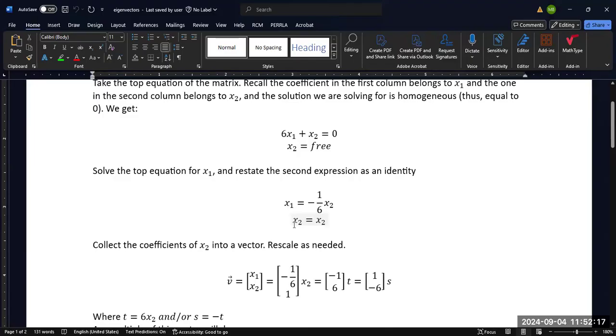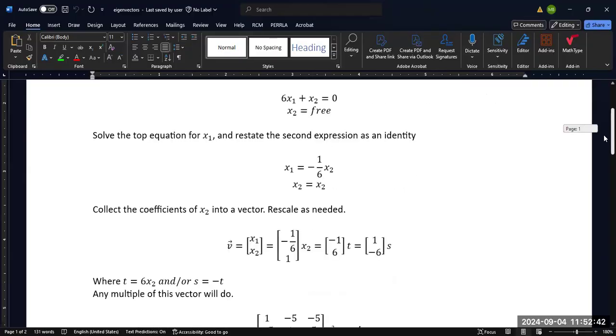So the free variable is whatever we declare the free variable to be. In this way, we have our vector components x1 and x2 on the left, and then we just have coefficients of x2 on the right. And so all we have to do is pull out our coefficients, multiply by x2.